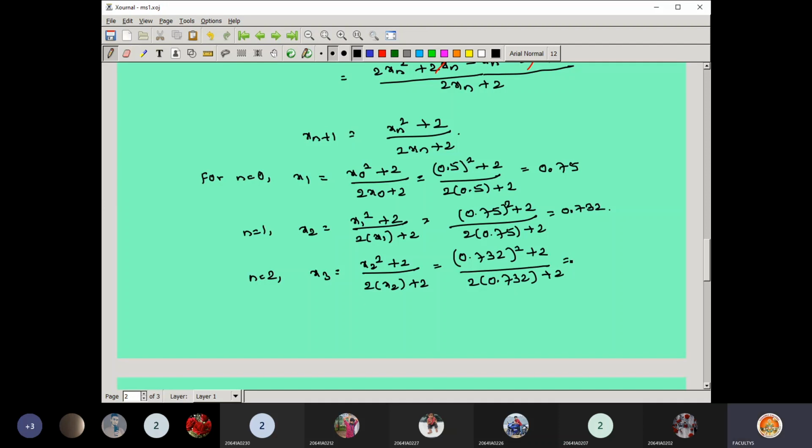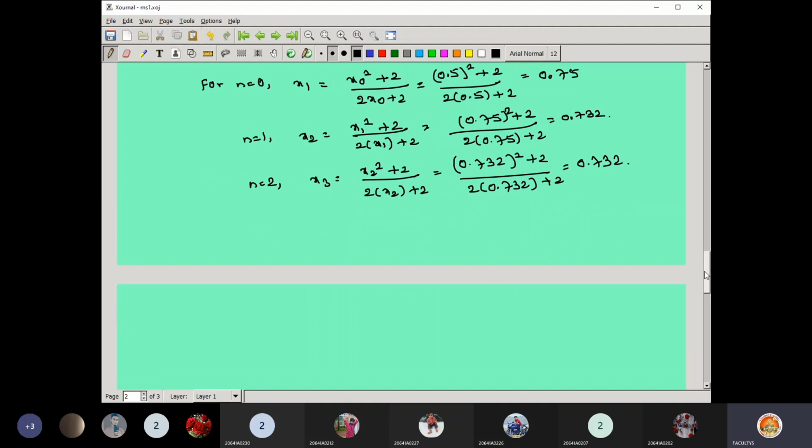So you are getting the answer finally, it is 0.732. So same answer, 0.732. So since the last approximate roots are equal, now you can stop the process.